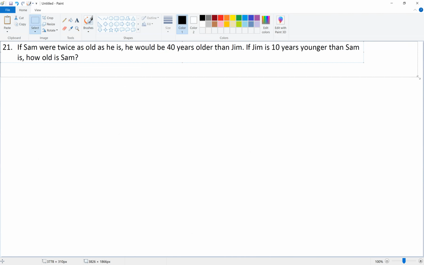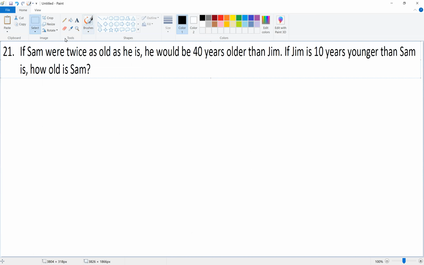Go ahead. If Sam were twice as old as he is, he would be 40 years older than Jim. If Jim is 10 years younger than Sam is, how old is Sam? So what I did was, if he was twice as old as he is, it says he would be 40 years older than Jim.